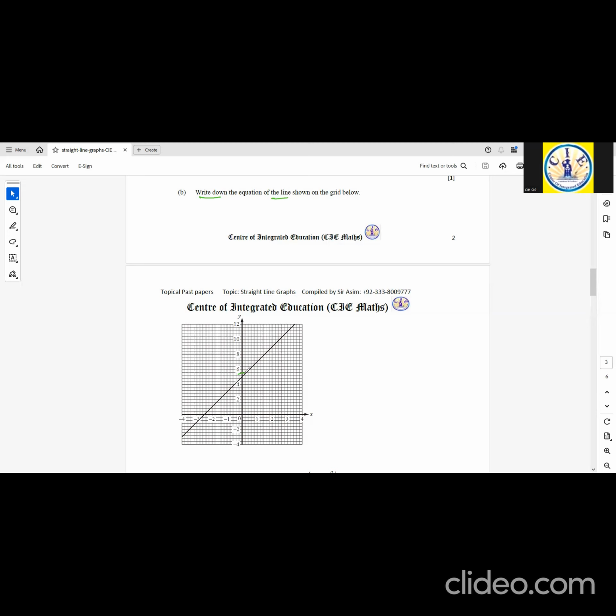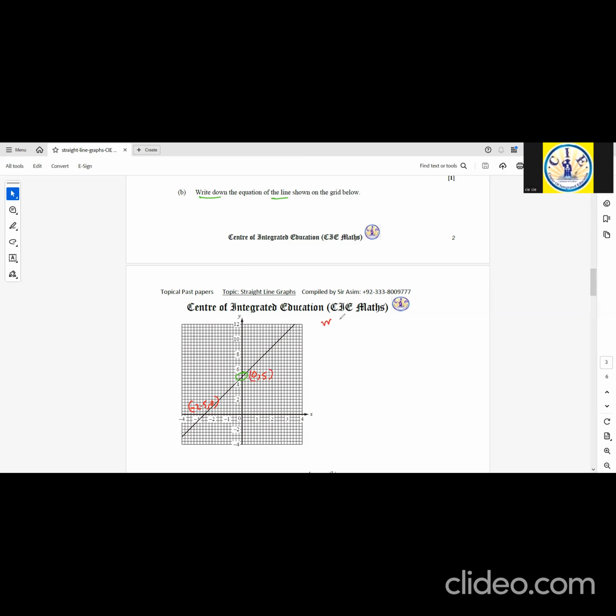Let me choose this point and this point. So this point is in between -2 and -3, so this point would be -2.5. Let me change the color of this marker. And this point is in between 4 and 6, so this is 0, 5.